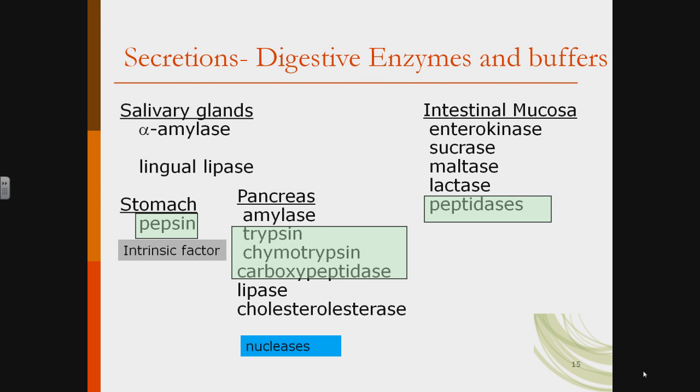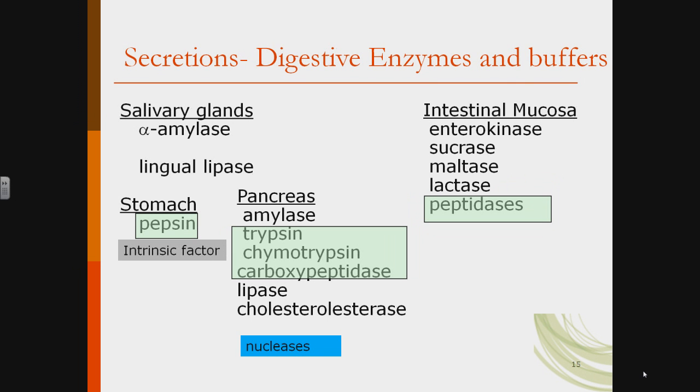The intestinal mucosa releases peptidases, which, as the name tells you, break down the peptide bond in between amino acids. And the pancreas, again, releases copious amounts of enzymes that can break down proteins. In the pancreas, I have listed here trypsin, chymotrypsin, and carboxypeptidase.